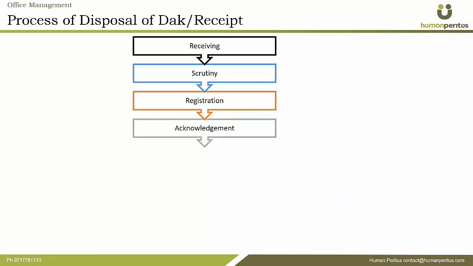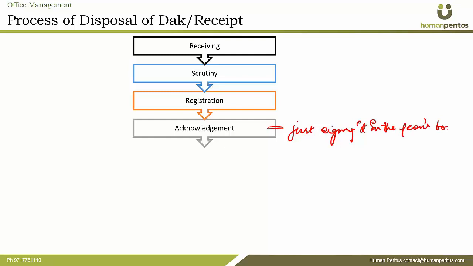Then comes the acknowledgement of the dak. What is acknowledgement? Acknowledgement of the dak is that we have received the dak and it is of this and this type. It is done by the recipient in the department, by just signing it in the clerk's or the peon's book.